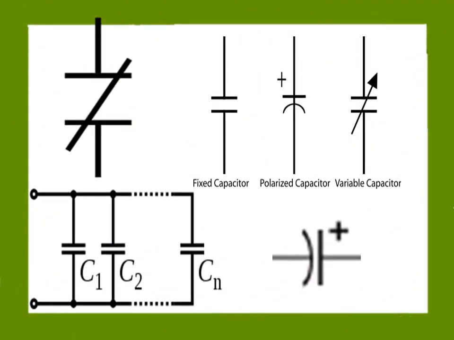We have the plain one, like two T's, and then the circle one, and the one with two T's and an arrow through it means it's a variable capacitor. At the bottom left, we've got a circuit diagram of C1, C2, and Cn. So these are three capacitors, and all three are in parallel to each other.